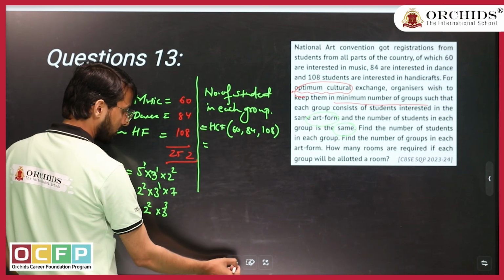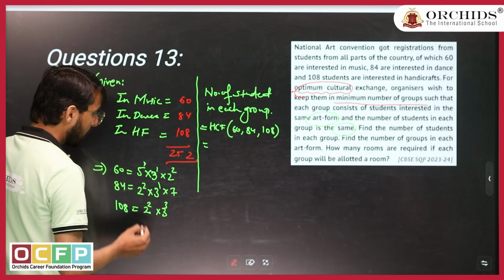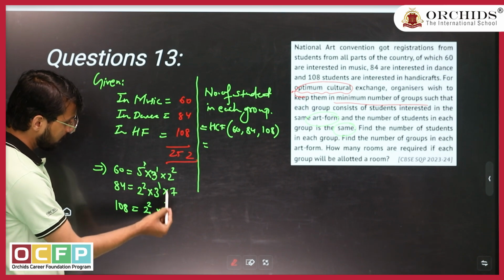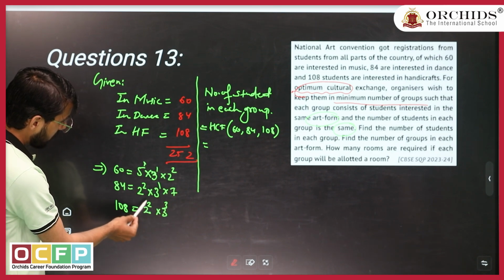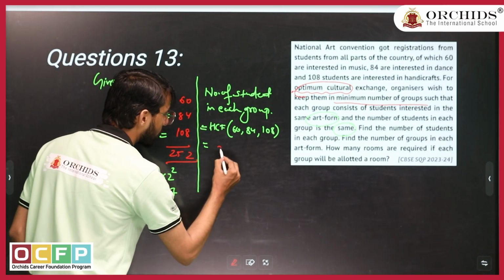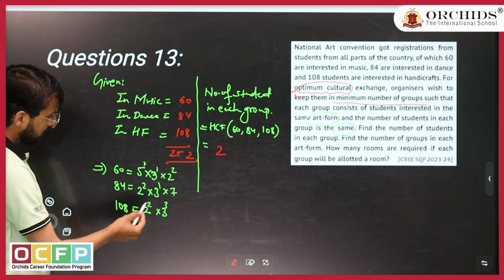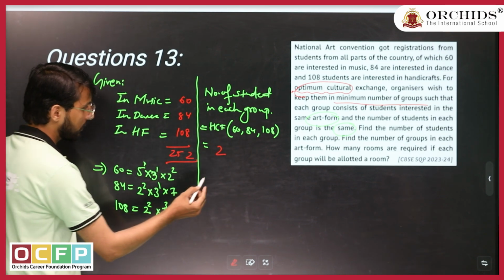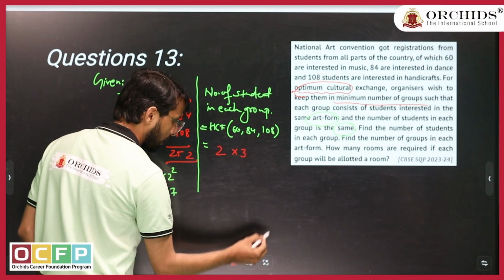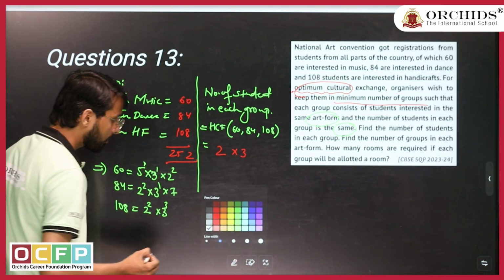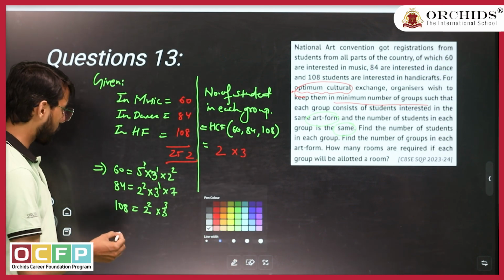Now to find the HCF, HCF means always the common ones. 5 is not present. 2 is present here, here and here. So 2 is the first common number. Second, 7 is not present, 3 is present in all. Now after taking the common numbers, always take the least power of the common number.